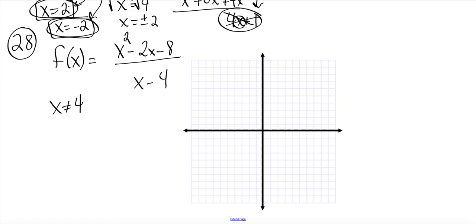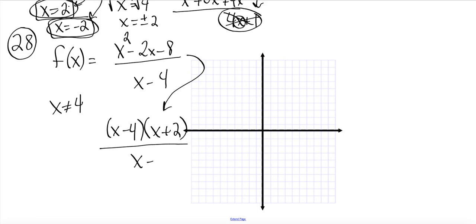But we want to figure out what kind of discontinuity that is by seeing if anything factors itself out. So let's redo this one down here, and we factor the top. Two numbers that multiply to negative 8 and add to negative 2, so that's going to be x minus 4, x plus 2, and then in the denominator we still have the x minus 4, and you see that those will cancel, and I'm just left with an x plus 2.